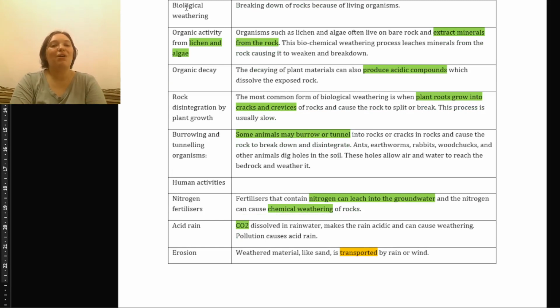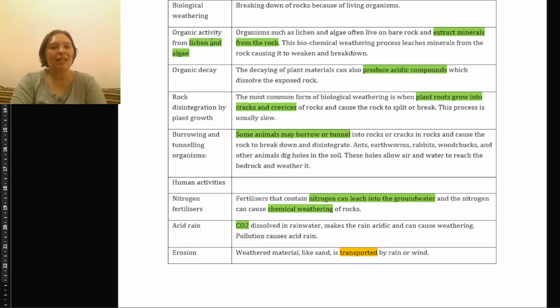All right, now we've got biological weathering. Biological weathering is the breaking down of rocks because of living organisms. The first one we've got here is organic activity of algae and lichen.